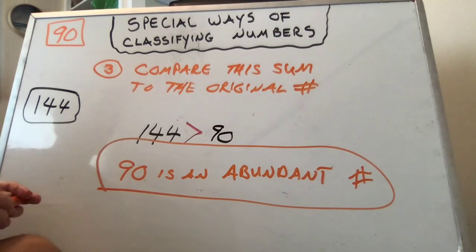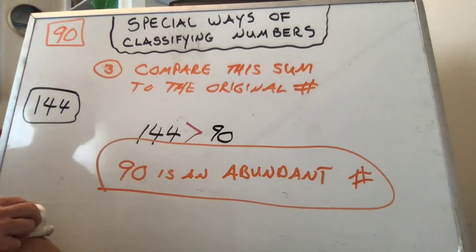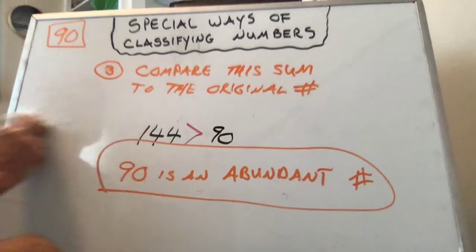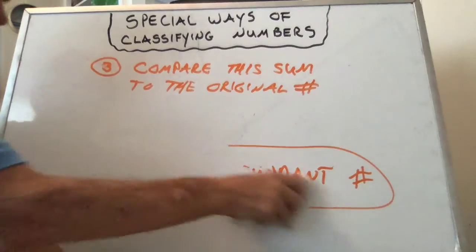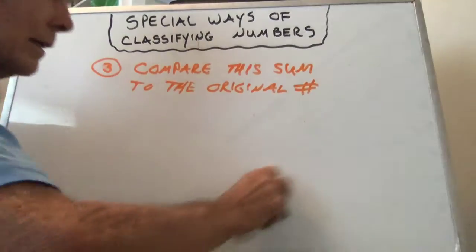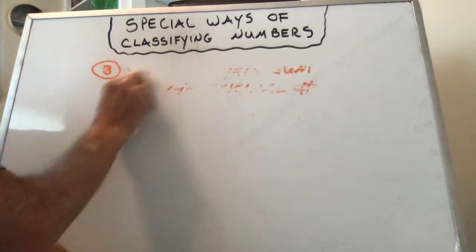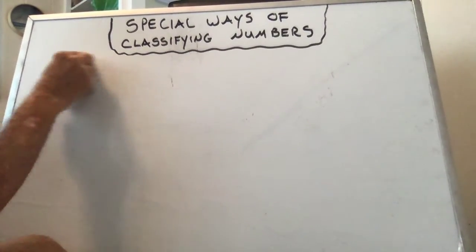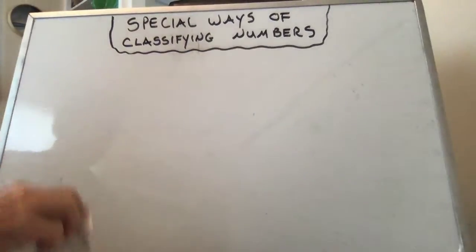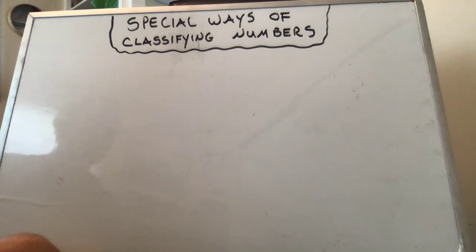So we say, okay, 90 abundant. All right? So we're going to go through the same process with a different number and see what happens. This has a real profound algebraic and number theory implication coming up in the next couple of days. For now, it's just kind of a cool thing to learn.